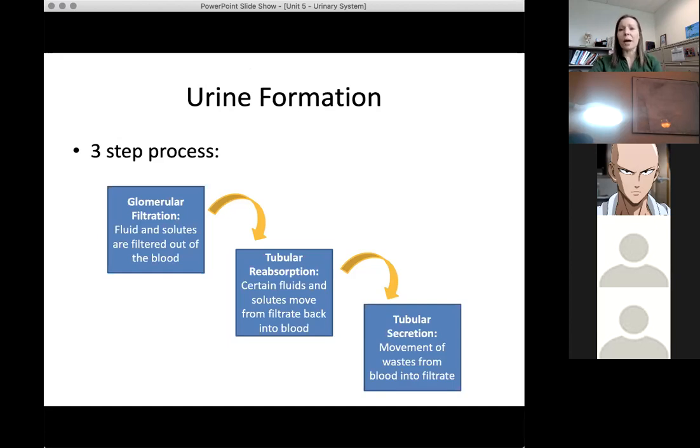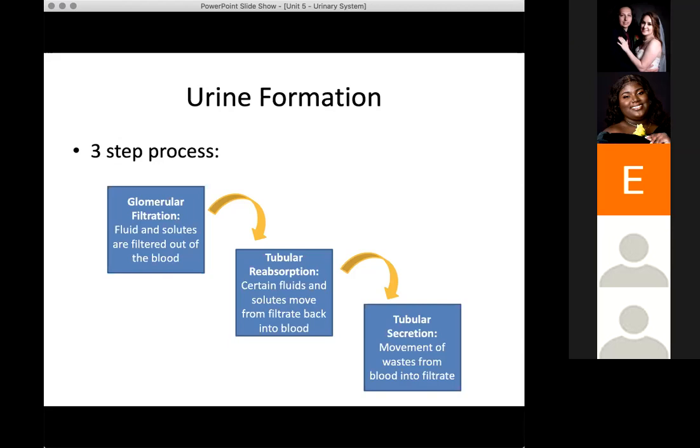And then finally, tubular secretion is the movement of wastes or excess ions from the blood into the filtrate.